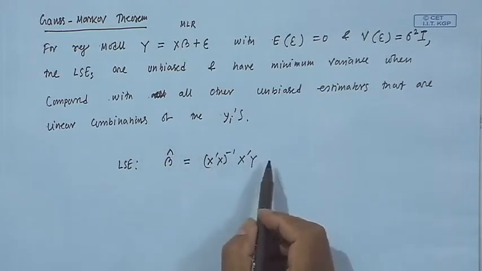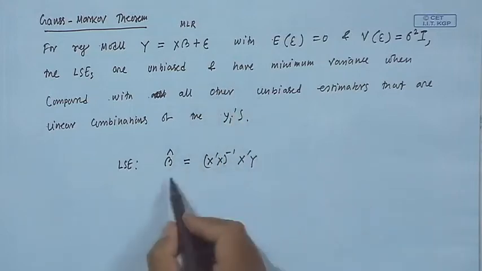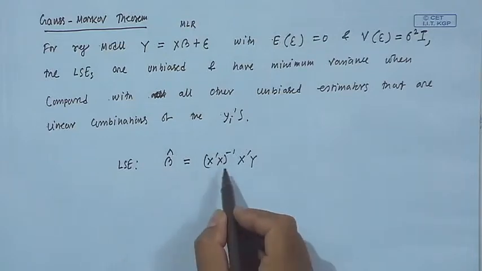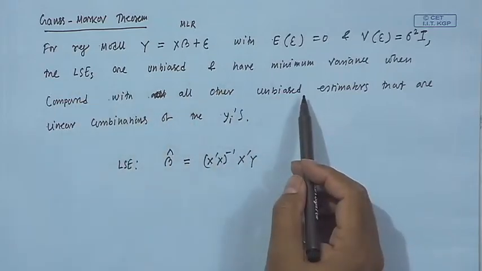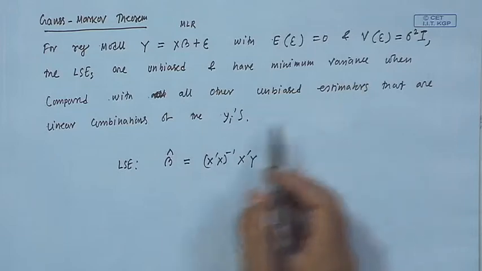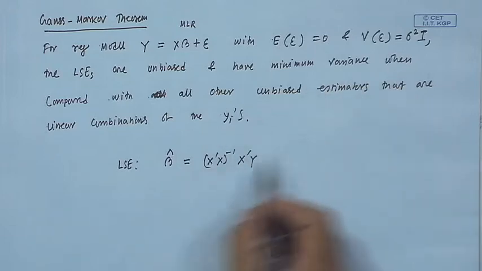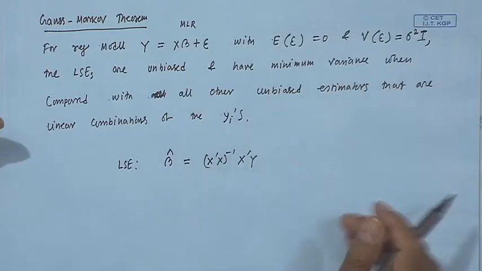So, what this Gauss Markov theorem says is that the estimator obtained by least square estimate is unbiased and it has the minimum variance compared to all other unbiased estimators which are linear in y.